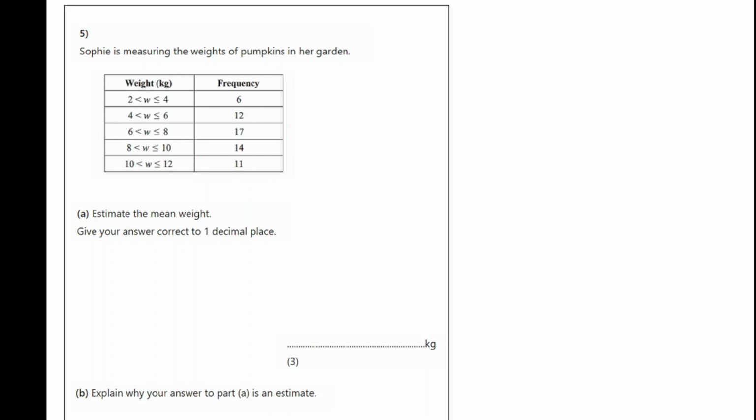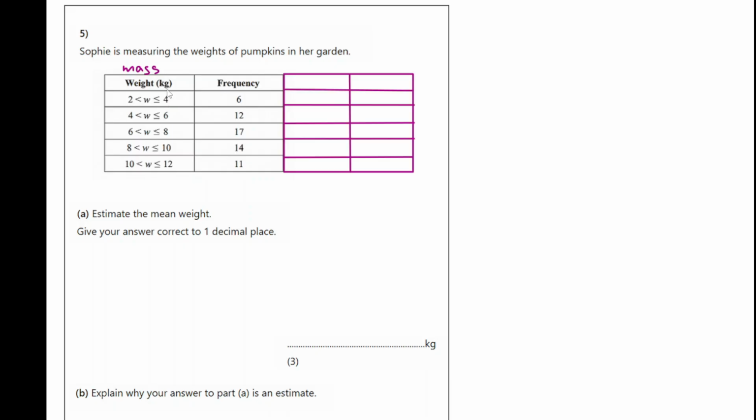Here's question number 5. Sophie is measuring the weight of pumpkins in her garden. And this is in kilograms, so technically this should be mass, but okay. Estimate the mean weight. Now, to get the mean weight here, I need to have 2 more columns.